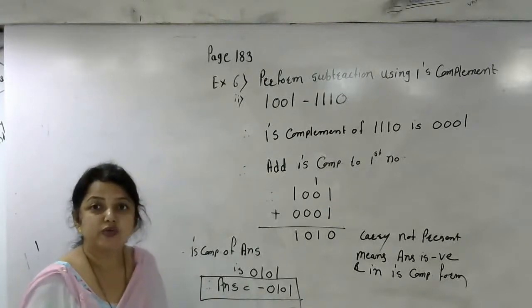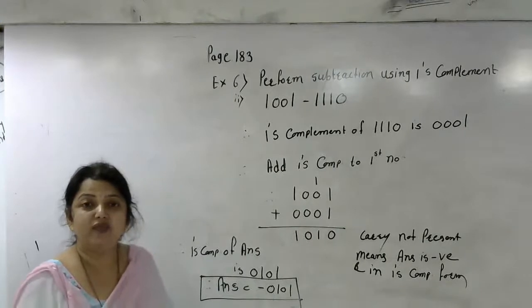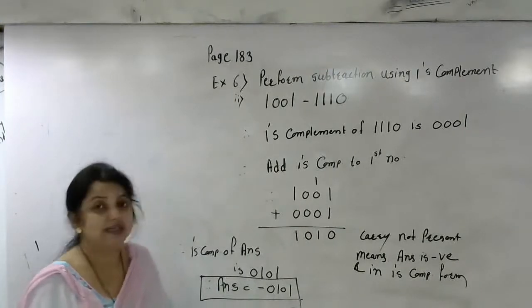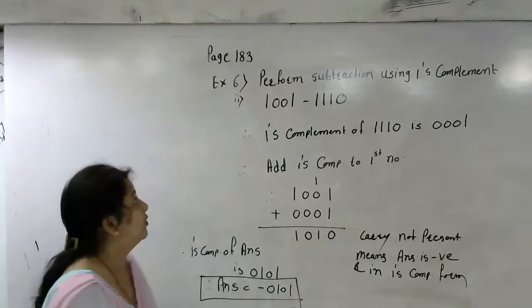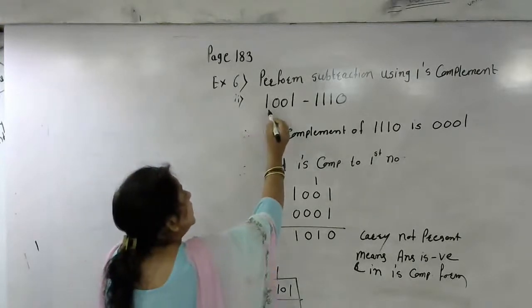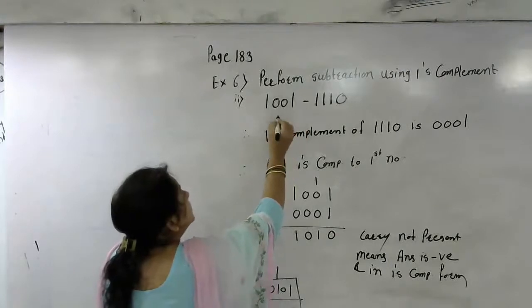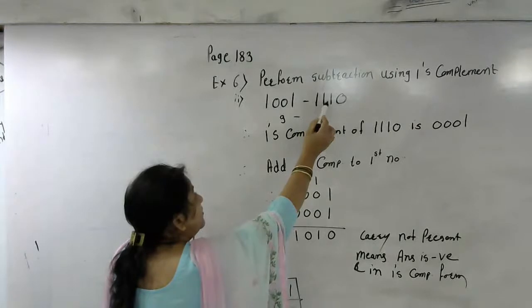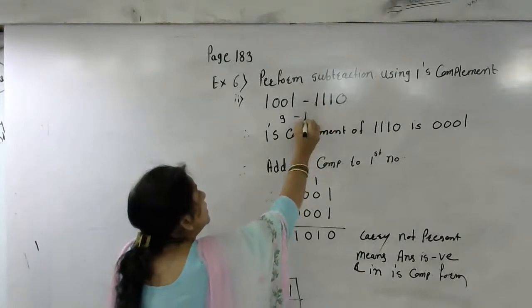Okay. So we try to verify whether we get the correct answer or not by using decimal subtraction. What is the value of this? This is 8 plus 1, 9. 9 minus this, which is 8 plus 4, 12, 12 plus 2, 14.